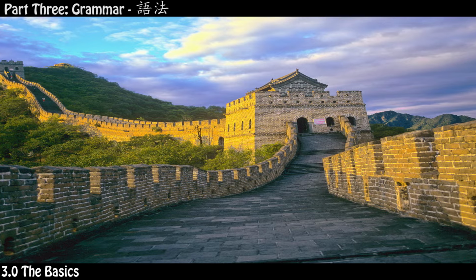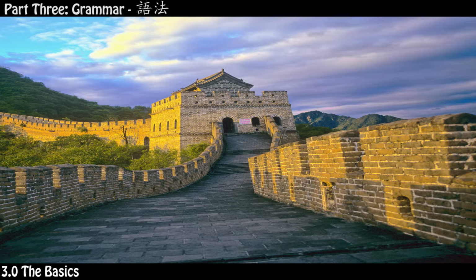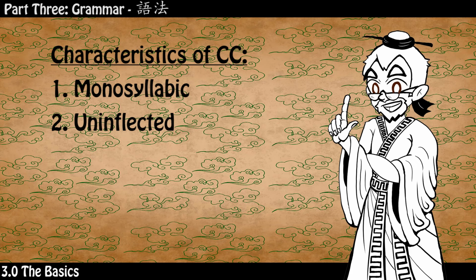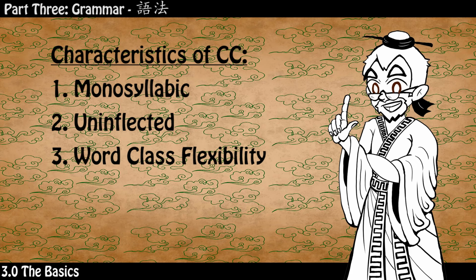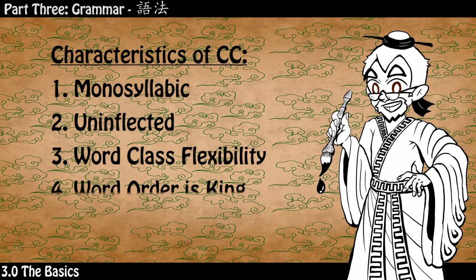Being both monosyllabic and uninflected has had a few interesting effects on Classical Chinese. For starters, words in Classical Chinese can quite easily slip between word classes. The same word can act as a noun, an adjective, a verb, or an adverb depending on its position in a sentence. Secondly, word order in Classical Chinese is muy importante.